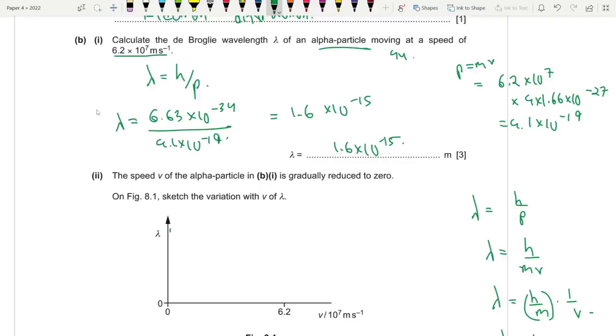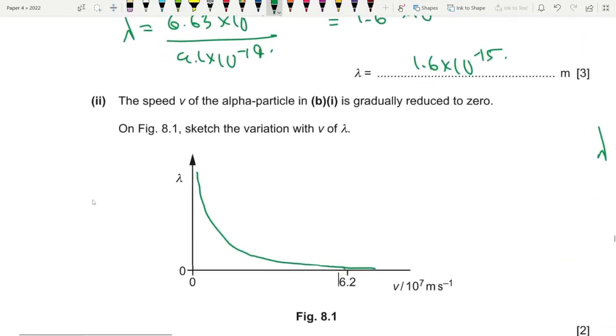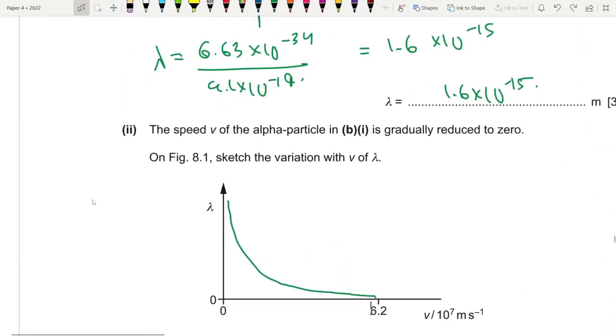So basically it's going to be like this. It can't be 0 basically. It's going to be really low, but not 0. Yeah, just have to draw. Non-zero. Don't make it touch the x-axis, okay? Basically, that's what you need to know.